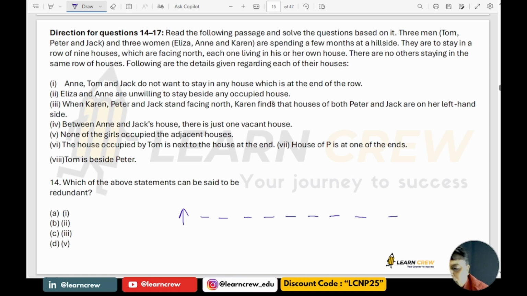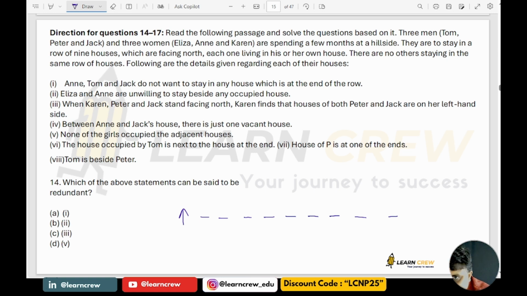End of the row means this one. This is one end, this is the other end. Now let us read, thereby we will get some clarity.